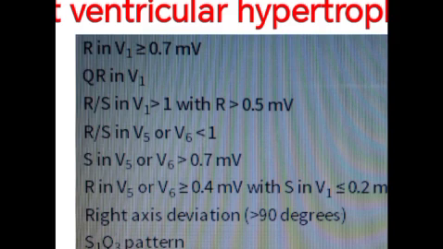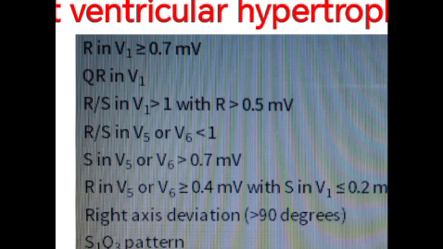That means we have an R wave in V1 and it is more than the S wave. The R to S ratio in V5 or V6 is less than 1.